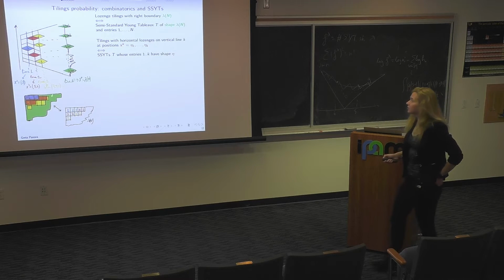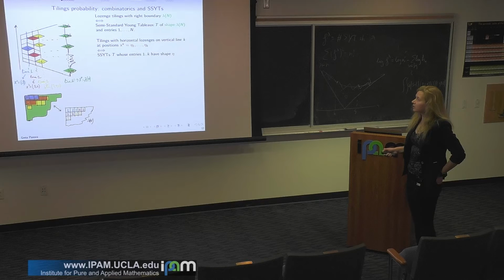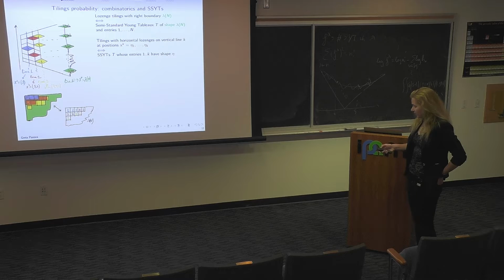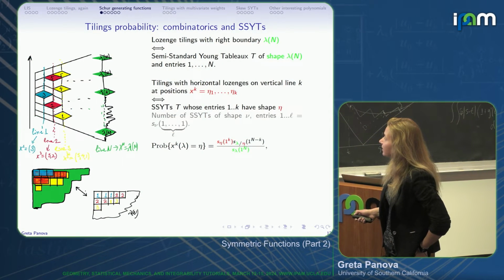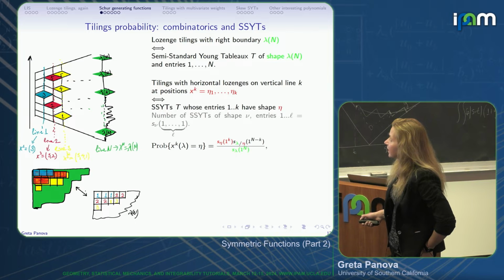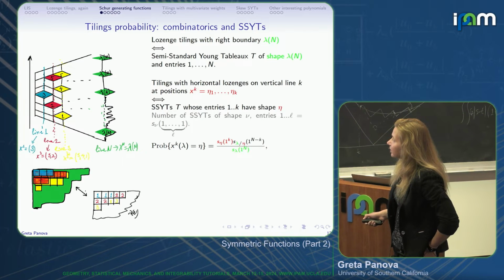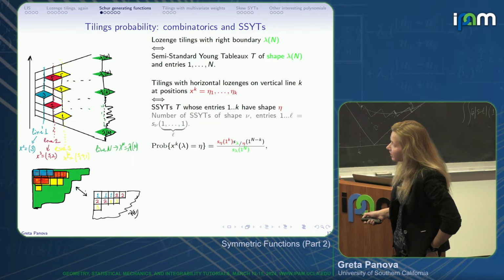OK, so what if we want to look at the lozenges that occupy the first k vertical lines? We're going to look at the entries in the semi-standard Young tableau which have values from 1 up to k. And so the probability that the first k numbers occupy a given shape, nu in this case, is going to be cut off at nu here.